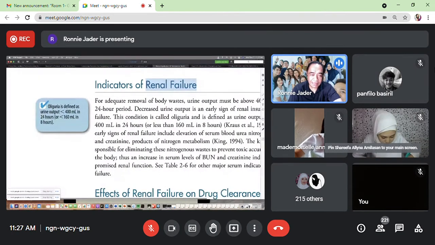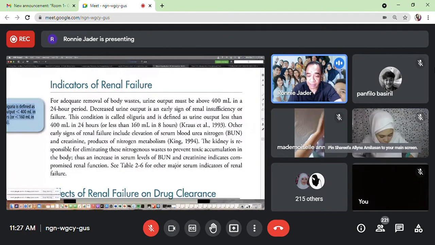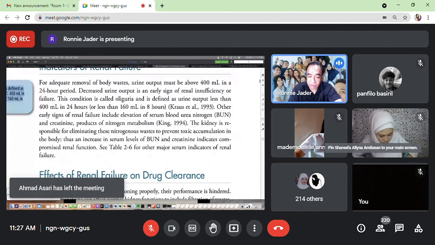May tinatawag tayong oliguria. Oliguria, kakunti lang yung urine niya. Less than 400 ml in 24 hours or less than 160 ml in 8 hours. Delikado yon. Kapag kakunti yung urine niya, baka nagkakaroon ka ng renal failure. At kapag may renal failure, ang tinitingnan ng mga doktor ay yung BUN and creatinine.